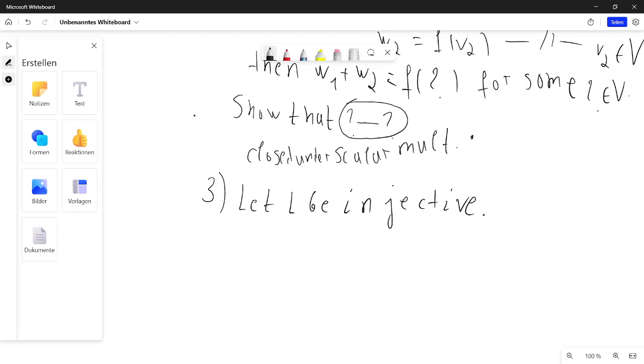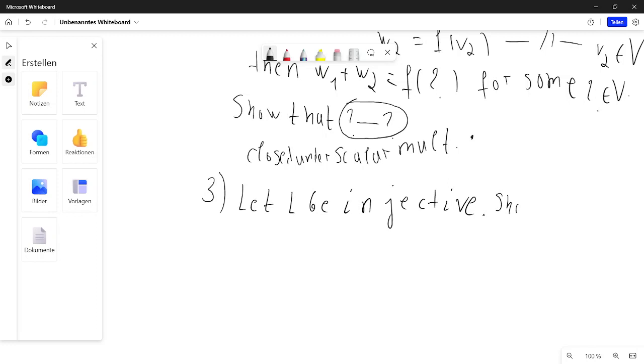We have seen in the first part that the zero vector belongs to the kernel, but now we have to show equality with the set containing only the zero vector. For that, we have to show that there are no other vectors, right? The set is completely restricted to the zero vector.